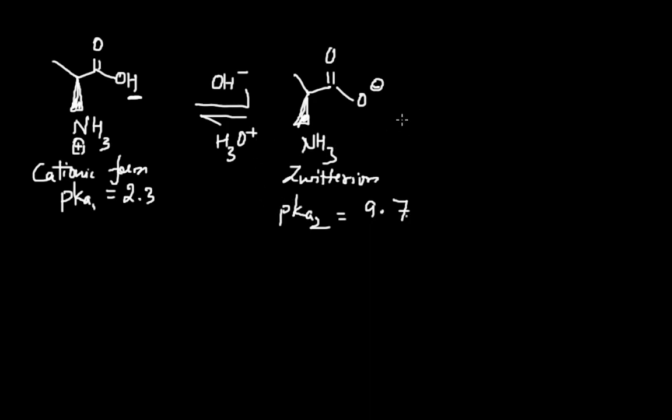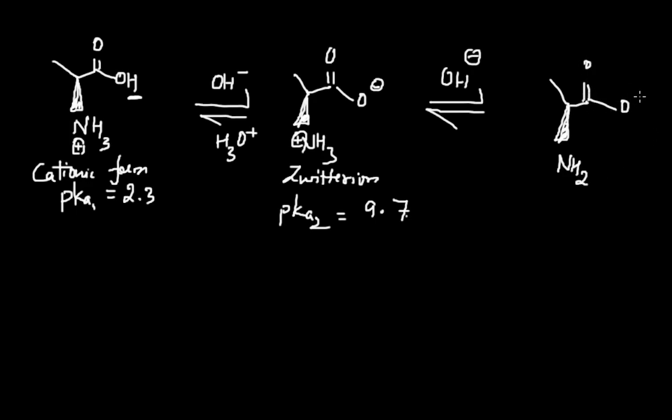Now when further base, OH minus, is added, it will remove the aminium ion proton. So this is your neutral NH2 group, and this is your anionic form because it has a net negative charge. So why does this happen?